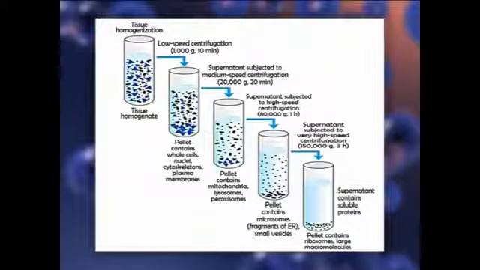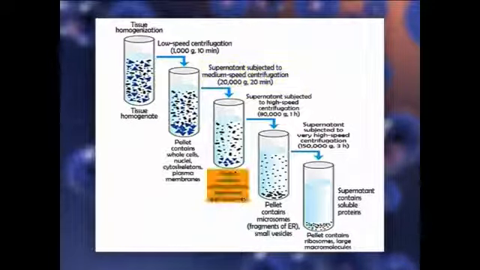After a centrifuge run at low speed, at around 1000 G for 10 minutes, the heavier particles like the nuclei, whole cells, cell debris, and plasma membrane will settle at the bottom of the tube, forming a pellet. The supernatant thus obtained can again be subjected to a medium speed centrifugation at 20,000 G for 20 minutes.